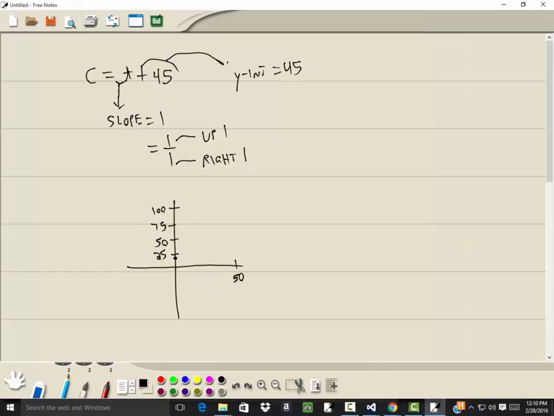Okay, y-intercept is 45. I'd go up to where I think 45 would be. Halfway in between 25 and 50 is 37.5, so 45, I don't know, maybe right there. Now, it's really hard to figure out your up 1 and right 1 when these are so condensed like this. But up 1, right 1, it says right there.